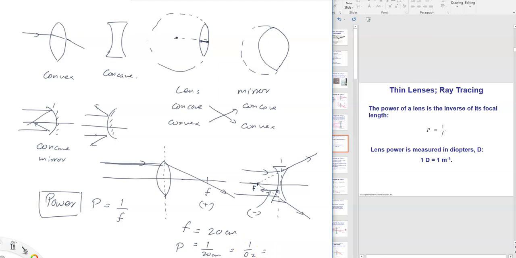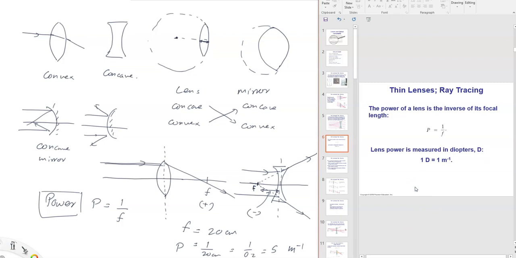What is 1 over 0.2? Oh man, I need a calculator for that. 1 divided by 0.2 is 5. The power is 5 per meter. That's the power. Alright, let's move on, see what else we have.